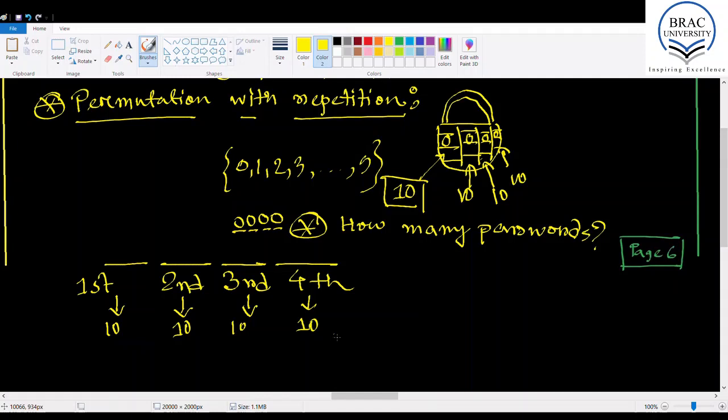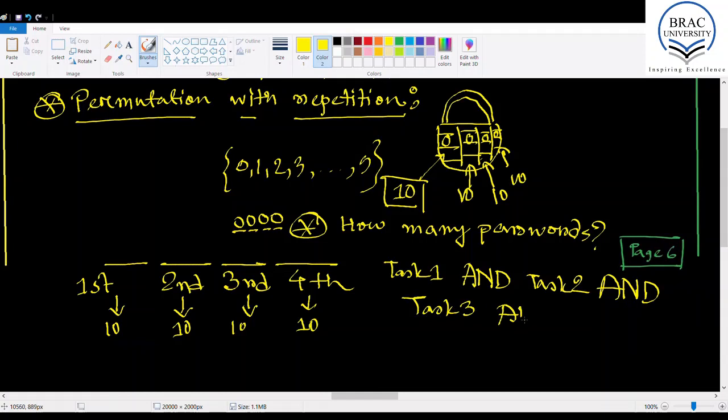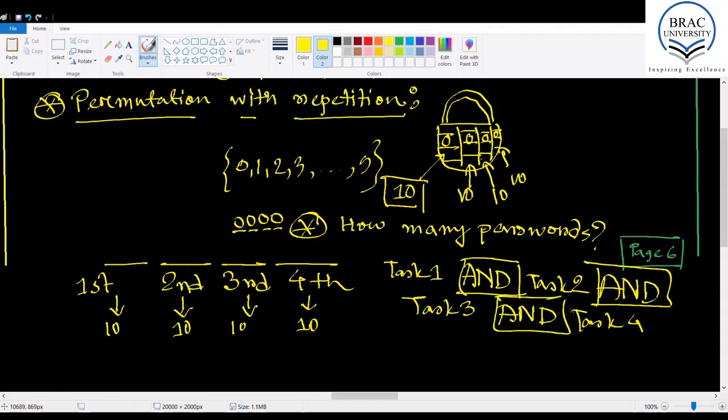And we have to perform task 1 and task 2 and task 3 and task 4. Why have I written it like this? Because we have to perform all of those tasks. So the relation between the tasks is AND, right?